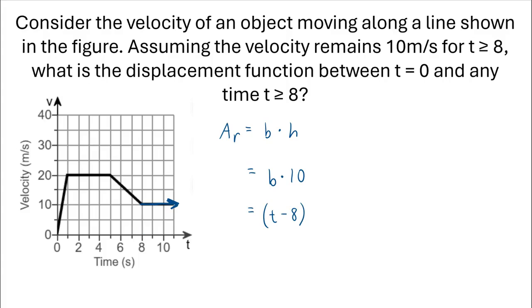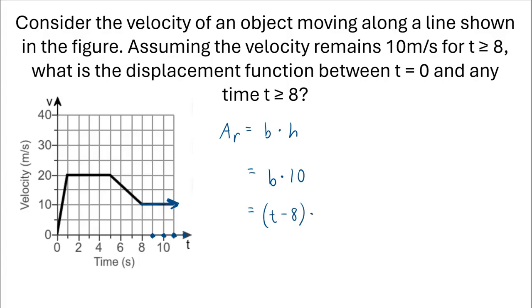So the length of our base will always be the distance we extend to the right on the t-axis, whether it be at 11 or 10 or 9 or 12. The length of that base will always be our t value minus 8, because that will always get us the length of the base. So the length of our base will always be t minus 8.